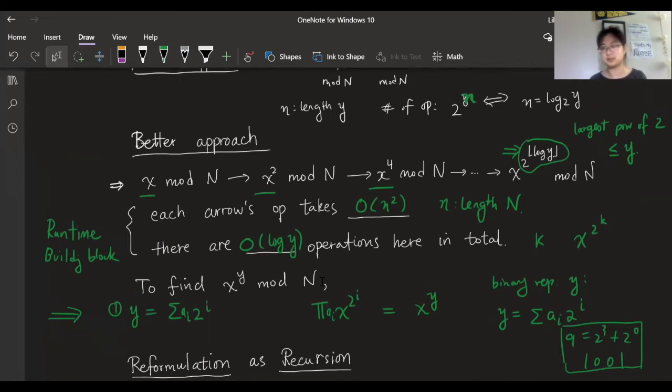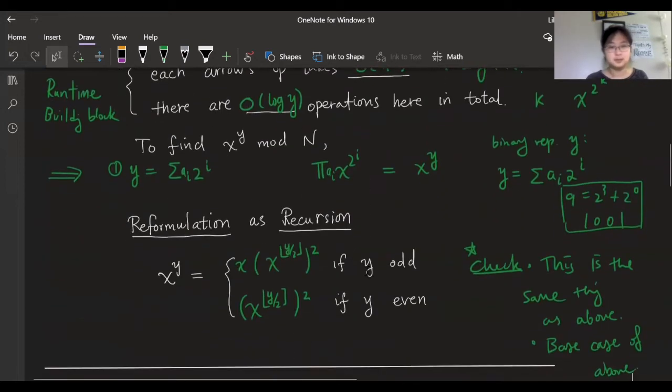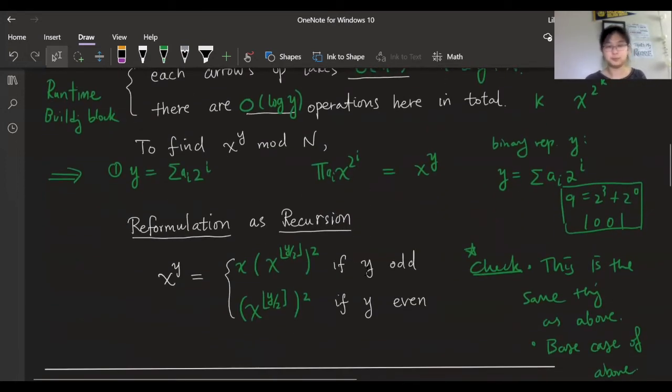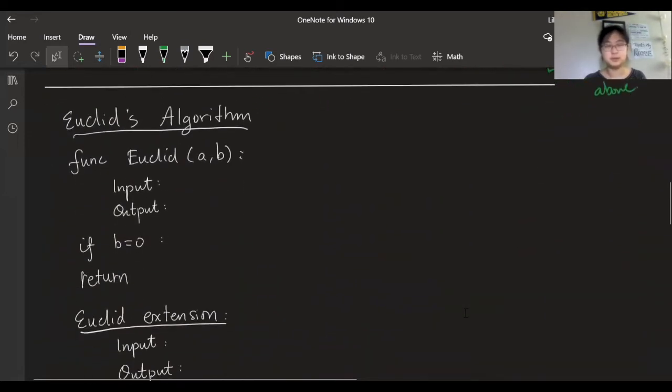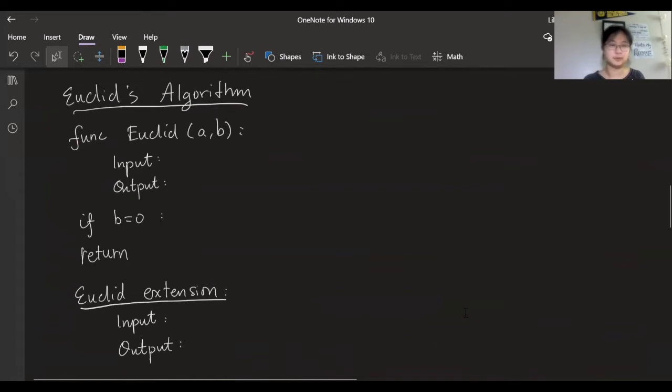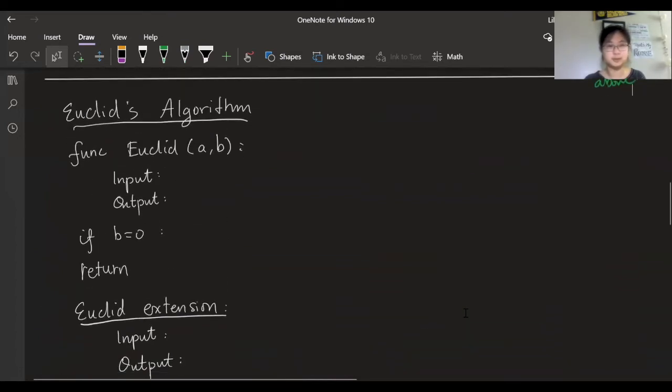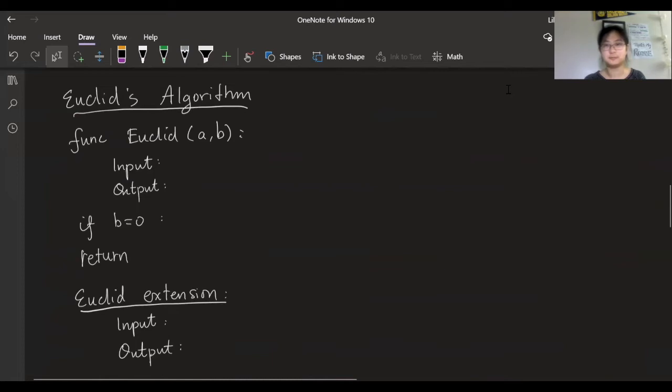We're doing basically a log of the number of operations as we did previously. Okay, and then at the end we reformulated this algorithm as recursion. Okay, so in the next segment we're going to talk about Euclid's algorithm as well as primality testing. So stay tuned for that.